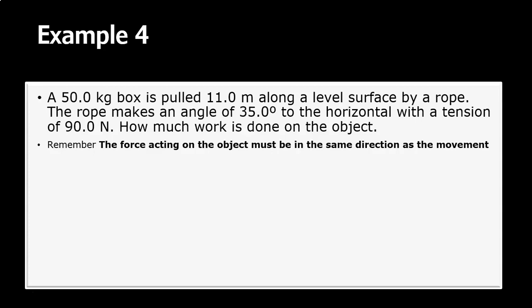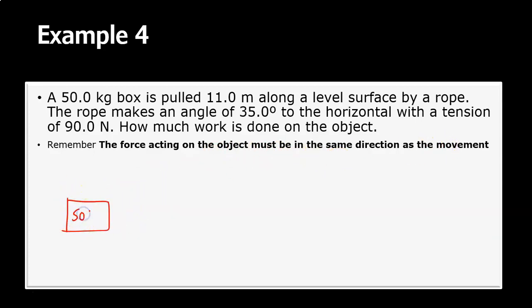We've got a 50 kilogram box pulled 11 meters along a level surface by rope. The rope makes an angle of 35 degrees to the horizontal with a tension of 90 newtons. How much work is done? Now, remember, the force must be in the same direction as the movement.